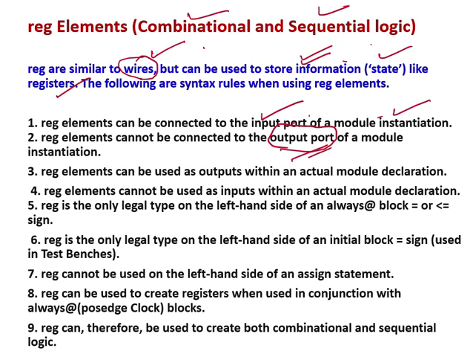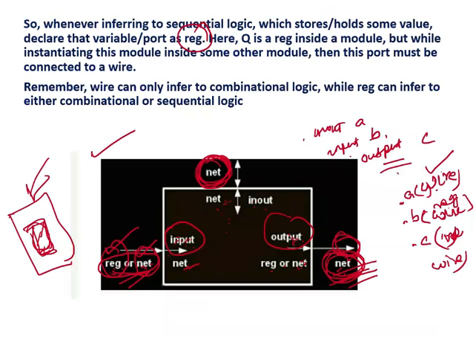Reg elements can be used as outputs within an actual module declaration, because inside your module this output can be reg or it can be wire, right? This box is a module, so inside your module the output can be reg type or wire type.